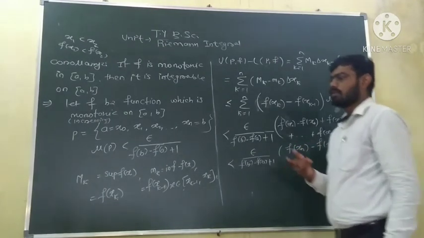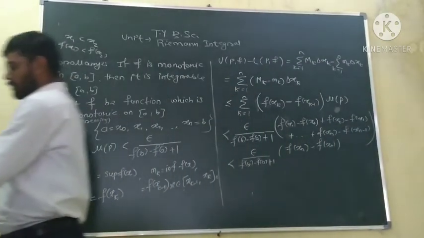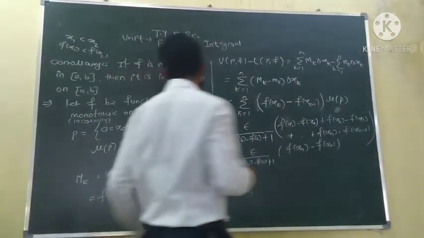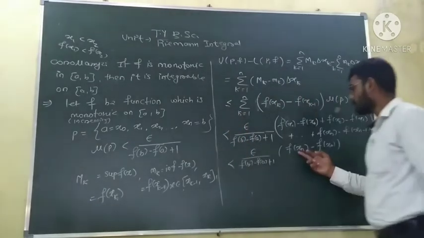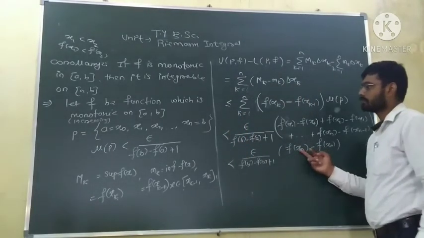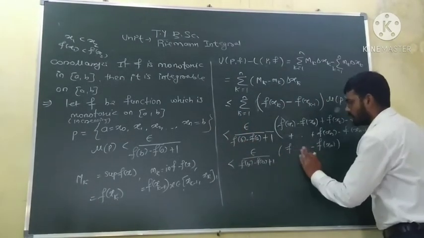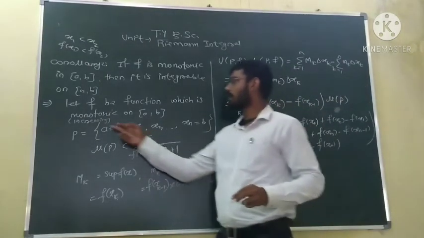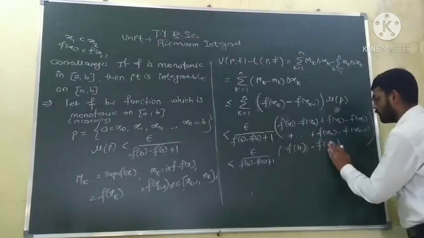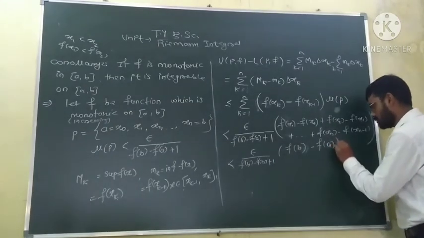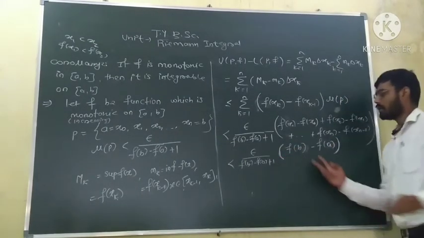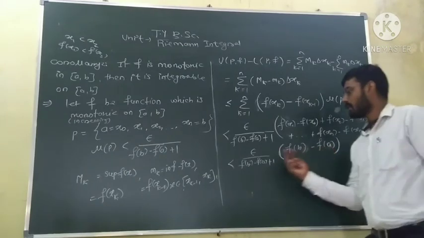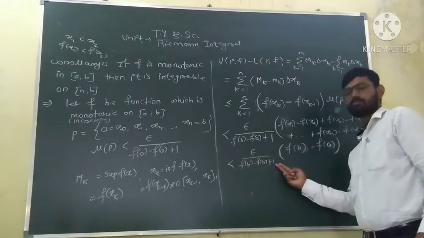What is xn? Xn is nothing but our b, so instead of f of xn we can write f of b. X naught is nothing but our a, so we can write f of a. So in the numerator f of b minus f of a, in the denominator f of b minus f of a plus 1.